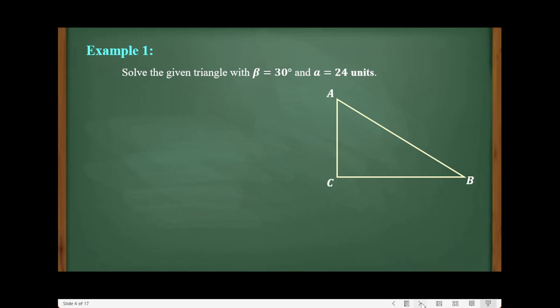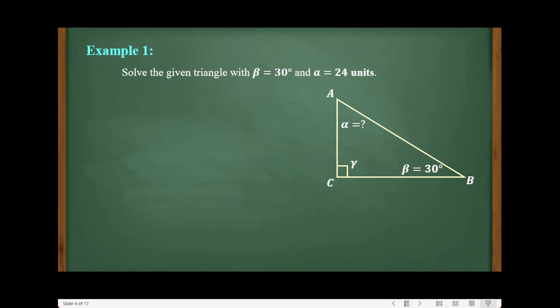Now this is the triangle, and we labeled those vertices with capital letters A, B, and C. So obviously we call this a right triangle ABC, which is right angled at point C. And we label those given parts. This one right here, the smaller acute angle, which is 30 degrees. So this is your beta.